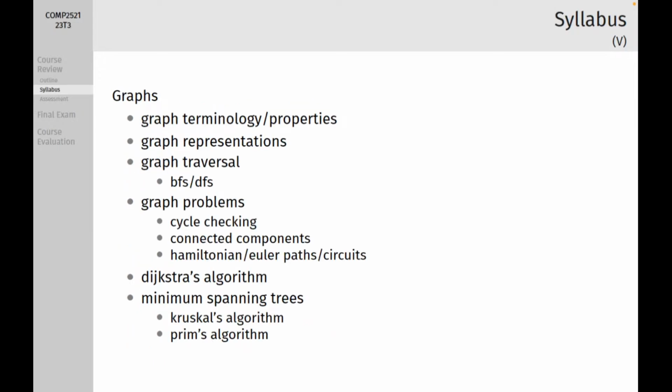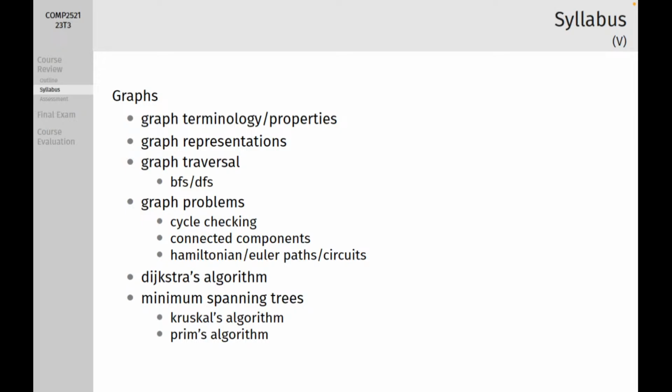So after looking at AVL trees, we switched over to the topic of graphs. Right, so remember, what is a graph? A graph is a collection of vertices and edges, right? And graphs allow us to represent lots of different kinds of scenarios in the real world where you've got entities and relationships between entities, right?